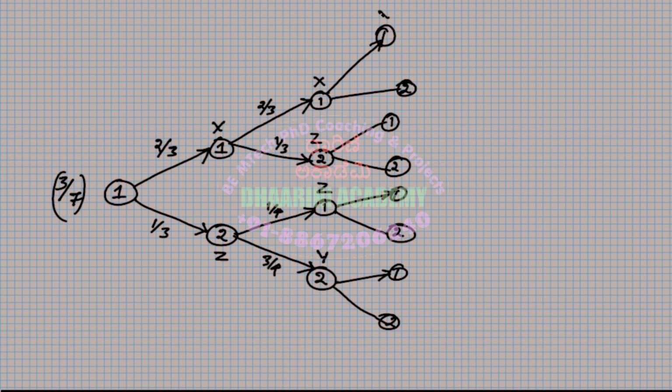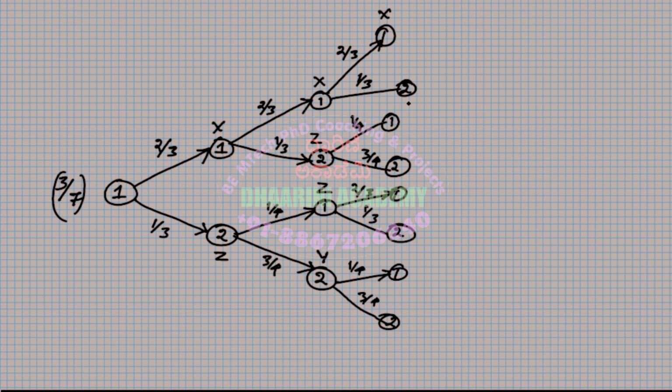So 1 to 1 will be X. So 1 to 1 is 2 by 3, and 1 to 2 is 1 by 3. So you are in 2, you are going to 1 with the probability 1 by 4. You are in 2, you may go to 2 with the probability 3 by 4. So you are in 1, you may go to 1 with the probability 2 by 3 and 1 by 3. Then you are in 2, 2 to 1 will be 1 by 4 and 3 by 4.